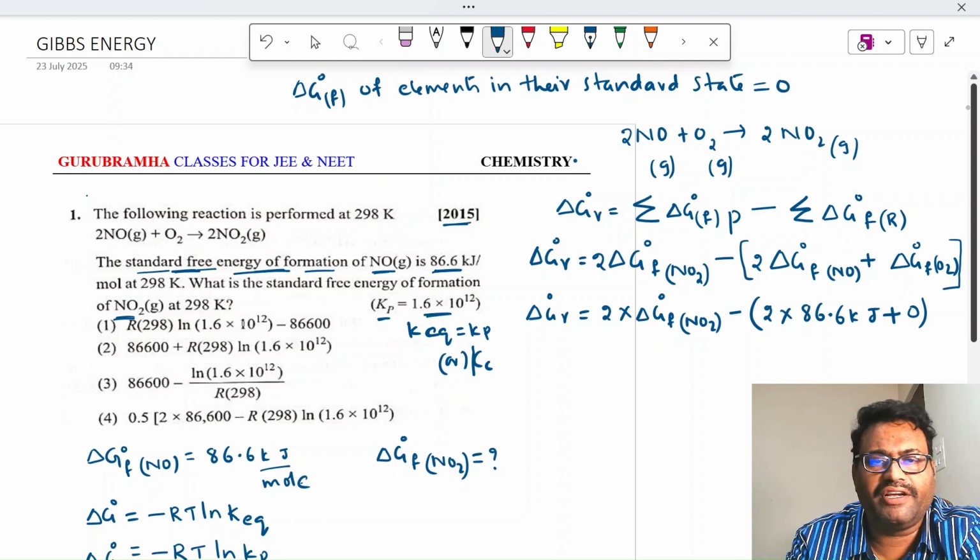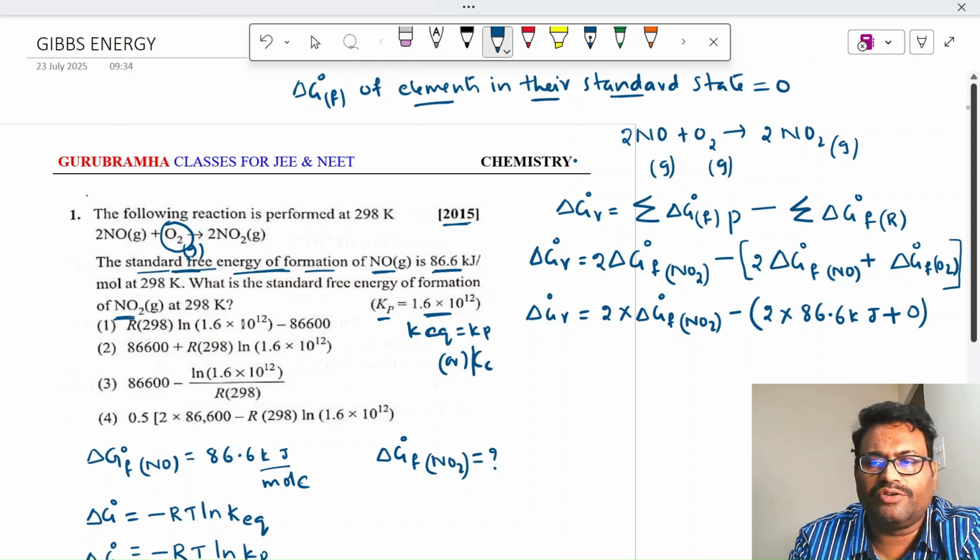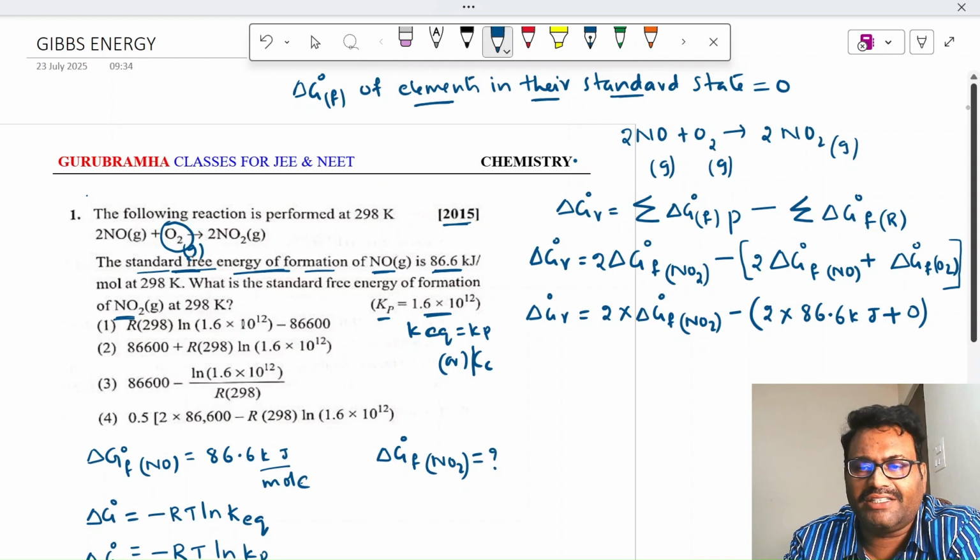That is the reason why, you see, oxygen is an element, whereas NO2 and NO are compounds, right? So for this element, which is present in the gaseous state, the standard state. Oxygen is present in gaseous state at room temperature, and that is taken as standard state. In their standard state, the standard free energy of formation of the elements is taken as 0. So for oxygen, we have taken it as 0.